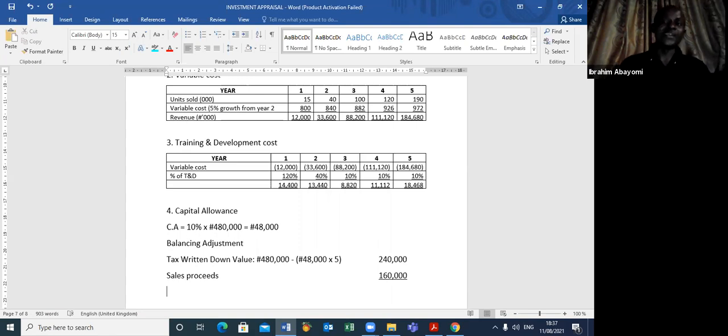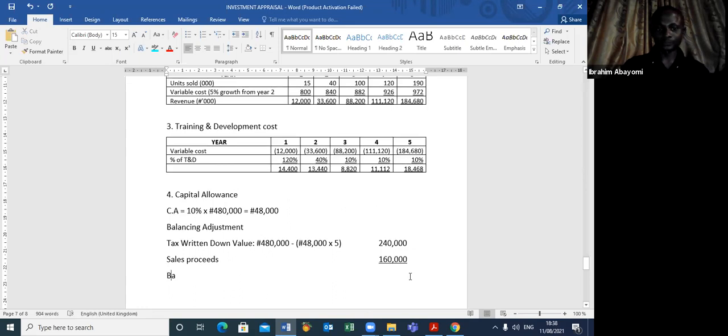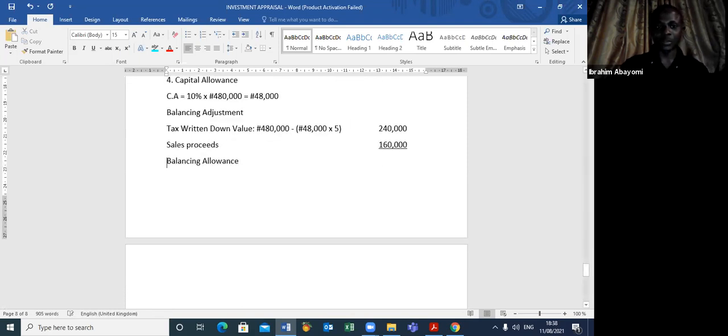And because of that, government is going to give me a relief. That relief is what you call balancing allowance. So I'm going to have balancing allowance on this. The balancing allowance is going to be what?